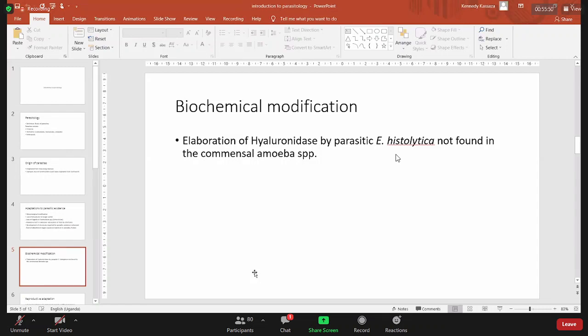And this enzyme is used to penetrate the mucosal surface of the host. So it means those species which are not able to produce this enzyme cannot initiate disease.